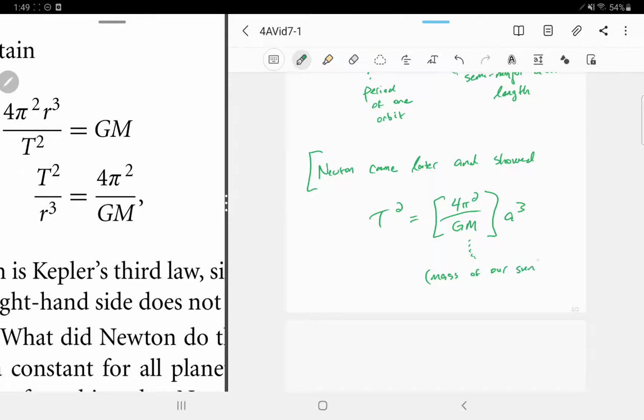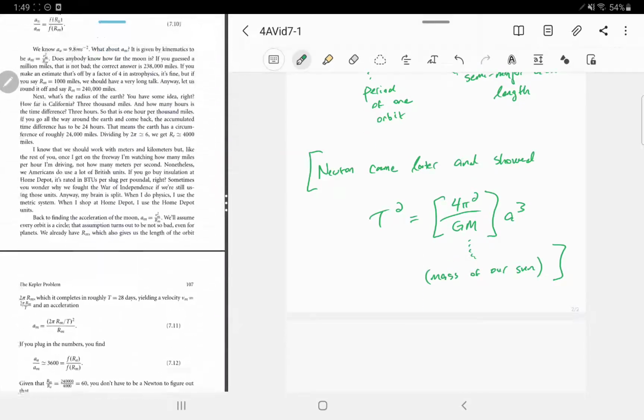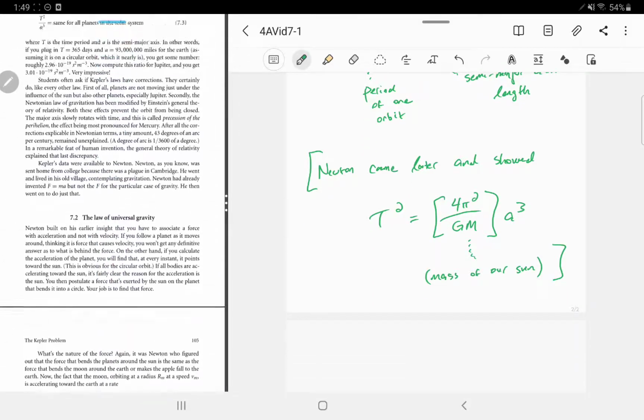You'd plug in the mass of our sun to find out, for example, how far the Earth is from the sun in terms of the mass of the sun and our orbital period, which would be 1 year. If you plug in 1 year and the mass of the sun, you can figure out how far we are away from the sun. We'll prove that next video, but I at least wanted to write down the result.